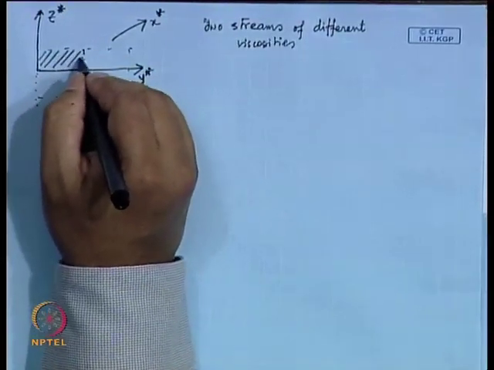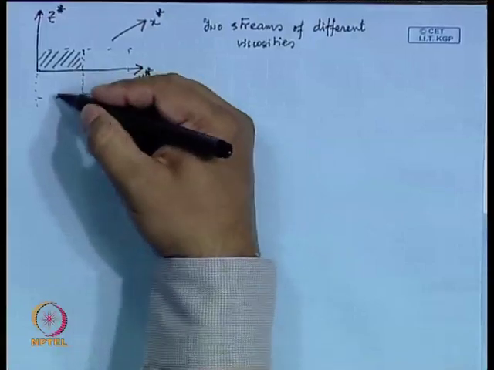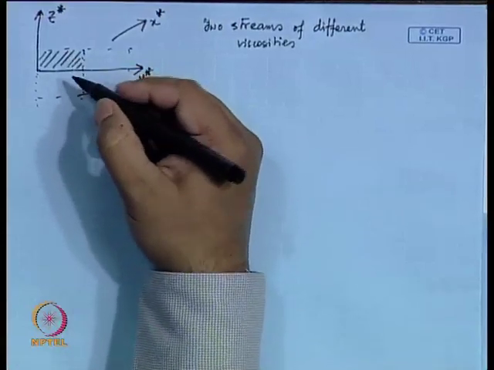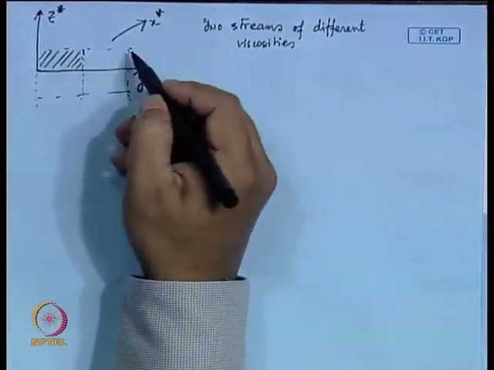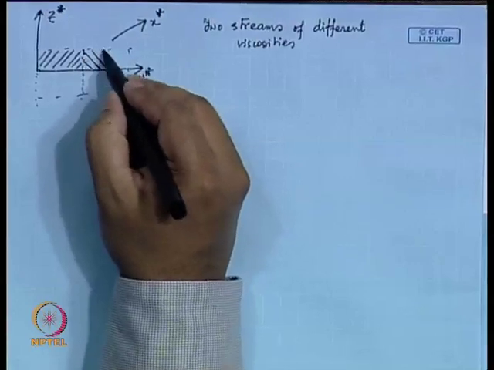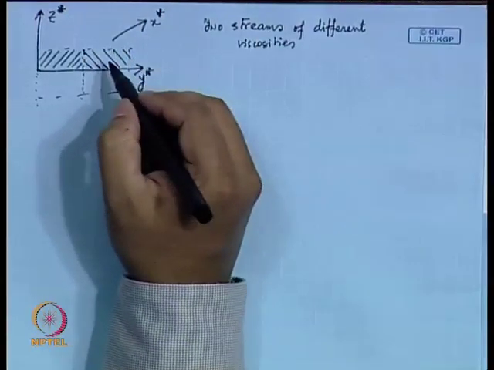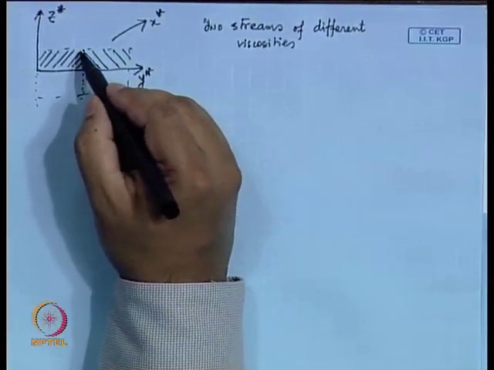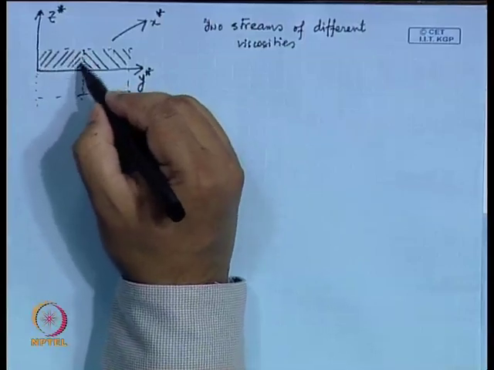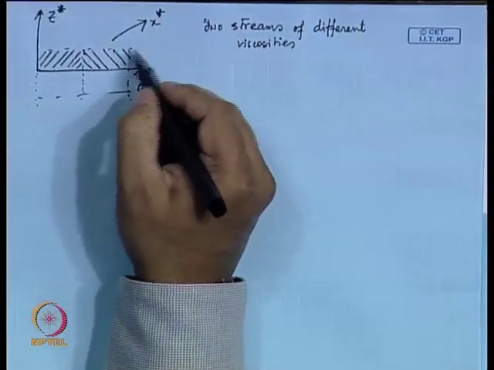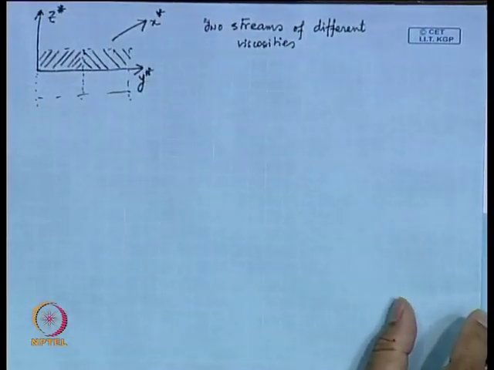So, we are working with a symmetric half, with reference to this basically. This is the other part, and you have one viscosity applicable to this one and the other viscosity applicable to this one. Now, if you want to solve the Navier-Stokes equation, how would you do that?